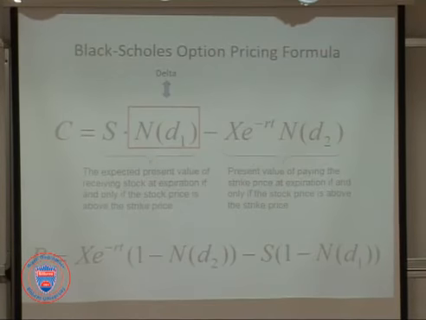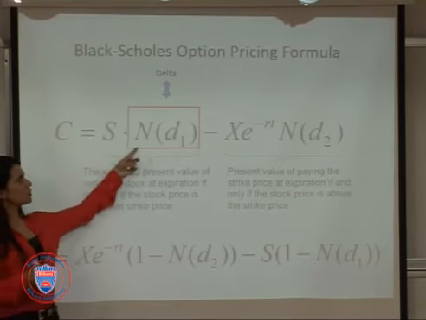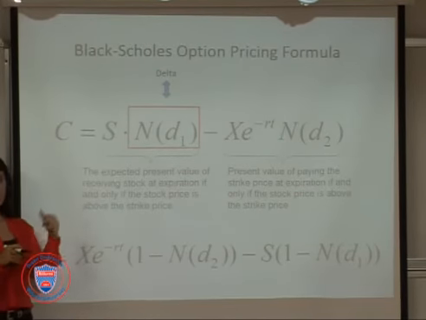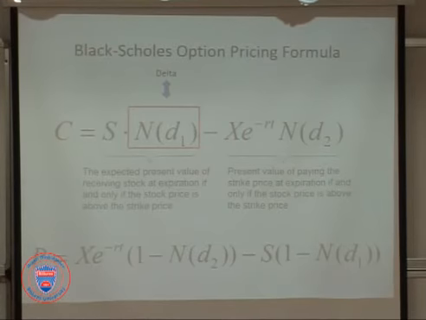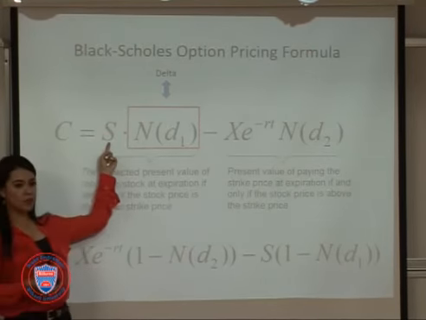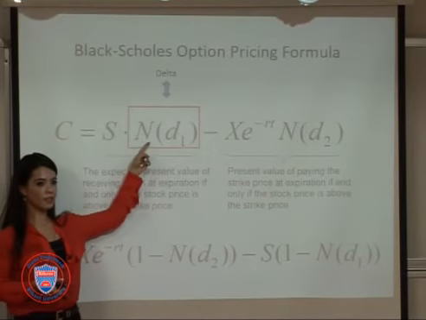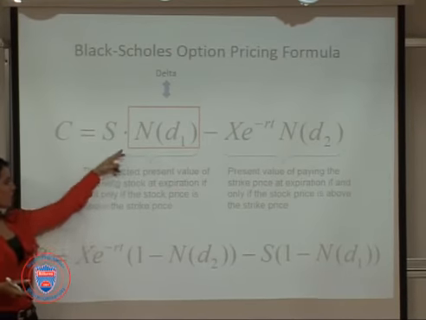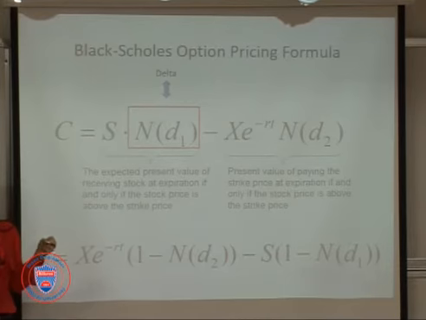Okay, and let's try to link this to what we saw before. So basically this is very similar to what we did before. It was the delta part. So if you look at this, we have delta times stock price minus B. So this is the stock price. This was kind of the delta. Now it is basically the expected present value of receiving a stock at the expiration.